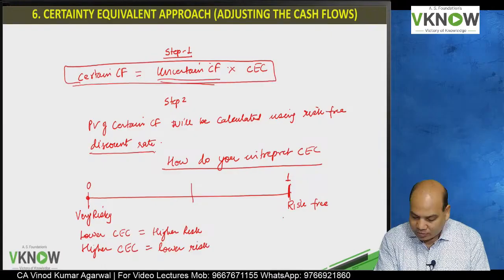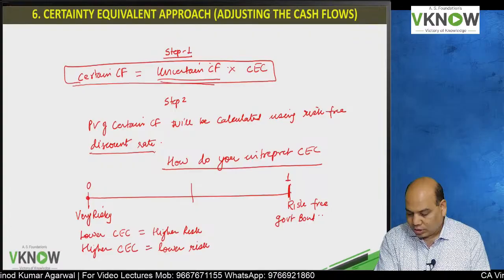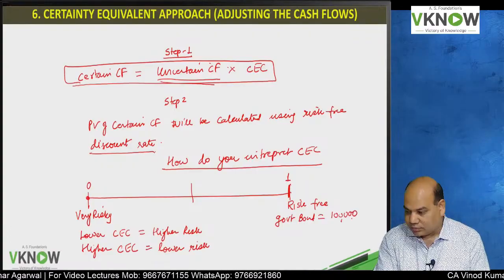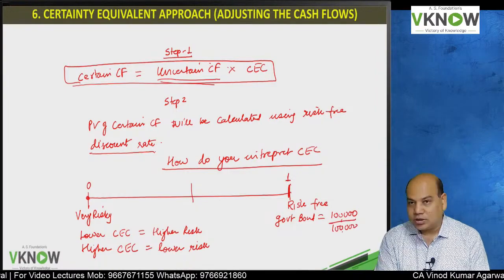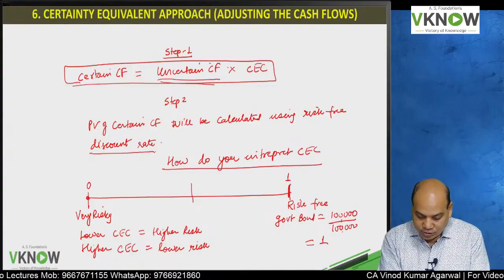For example, government bond. In government bond, they will pay you 1 lakh rupees interest after 1 year, and certain and uncertain both are equal only. So the answer is 1. Okay?